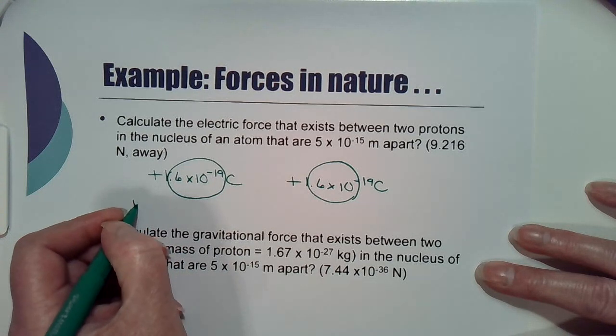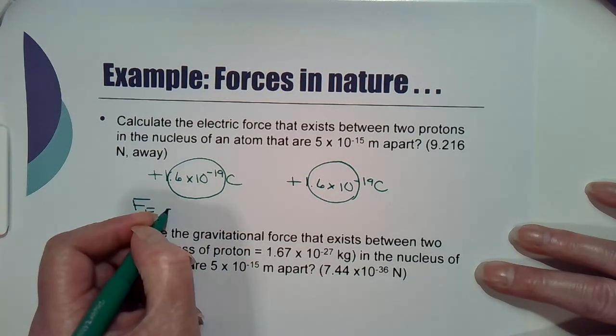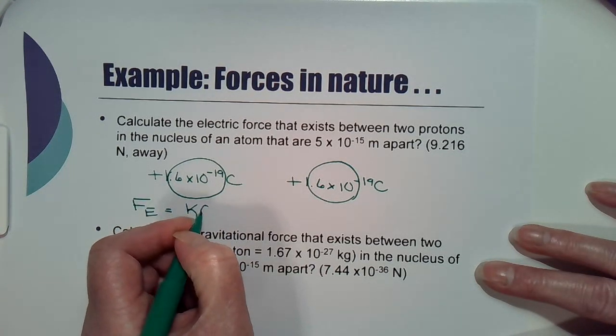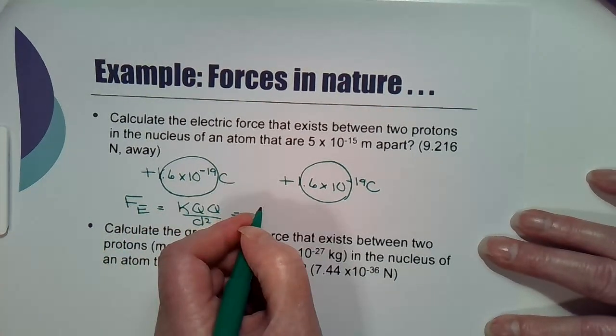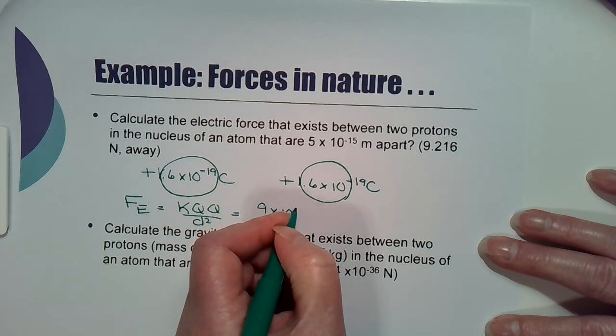All right, so the electric force is going to be kQQ over d squared. So that's 9 times 10 to the 9th.